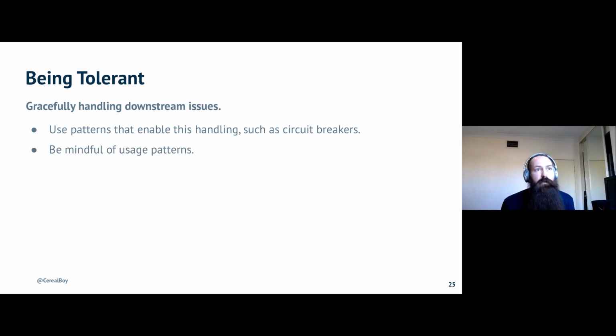One of the concerns about being tolerant is around usage patterns. By that, I mean the way that your services and applications are interacted with. Managing infrastructure as a service or a platform as a service will be different to managing, say, a media website, which is primarily user-driven in browsers versus server-to-server API calls.